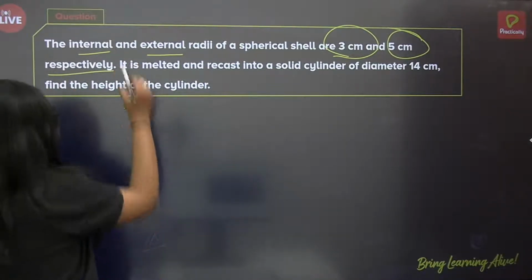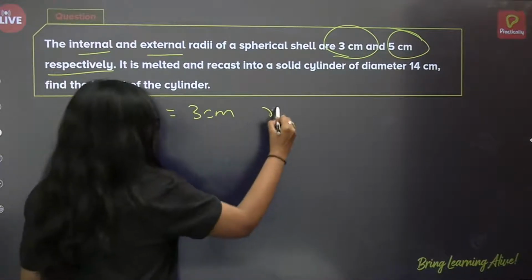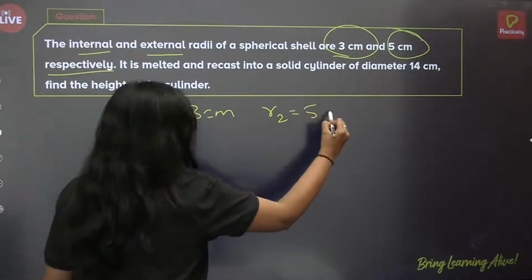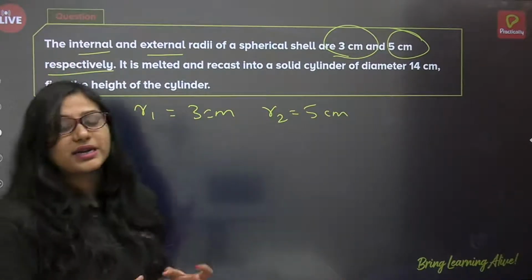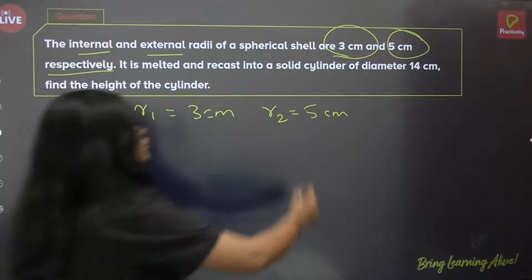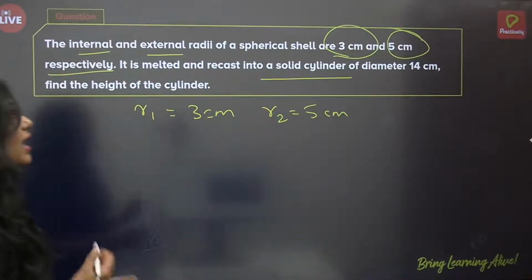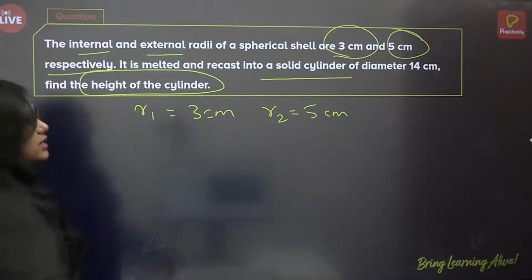So, let the internal radius be R1, that is 3 centimeters. External radius be R2, that is 5 centimeters. Right? Now, it is melted. Then it is recast into a solid cylinder of diameter 14 centimeters. Find the height of the cylinder.